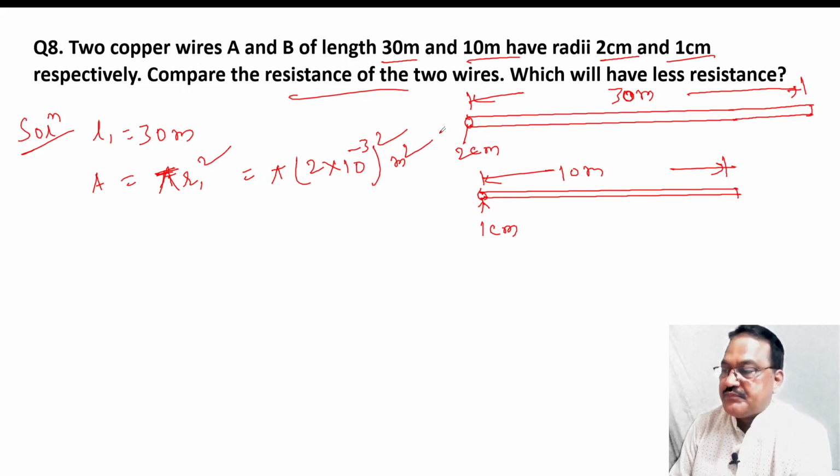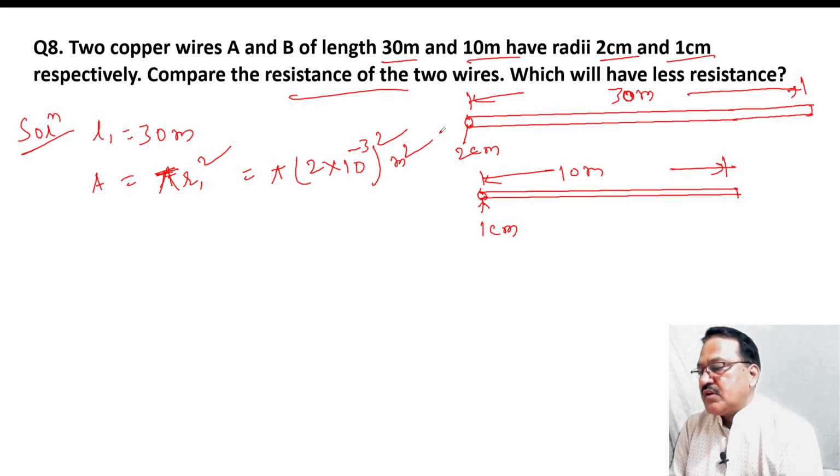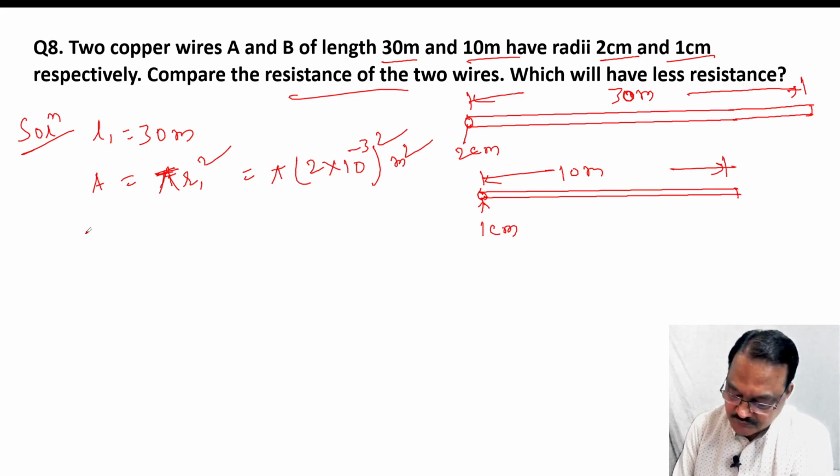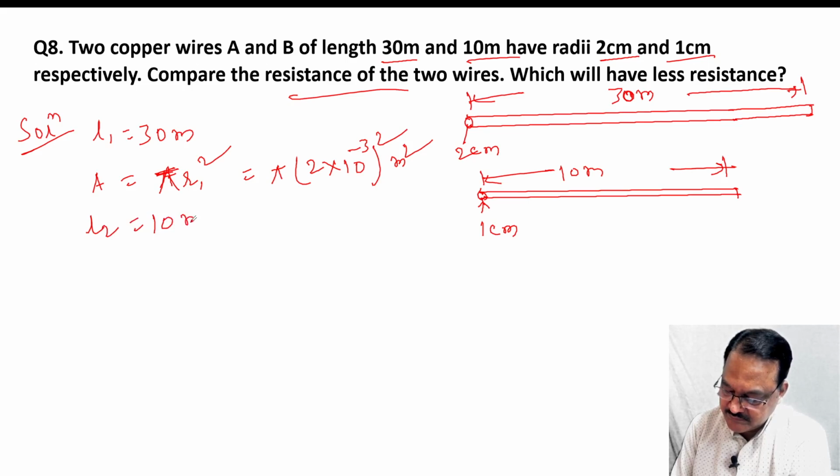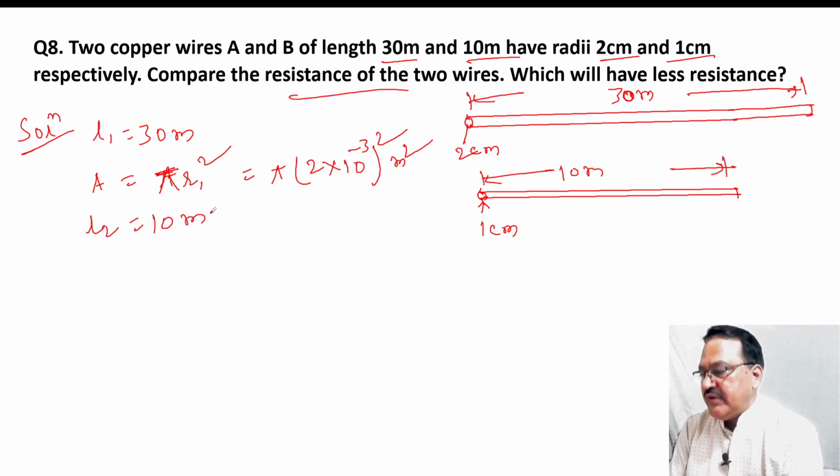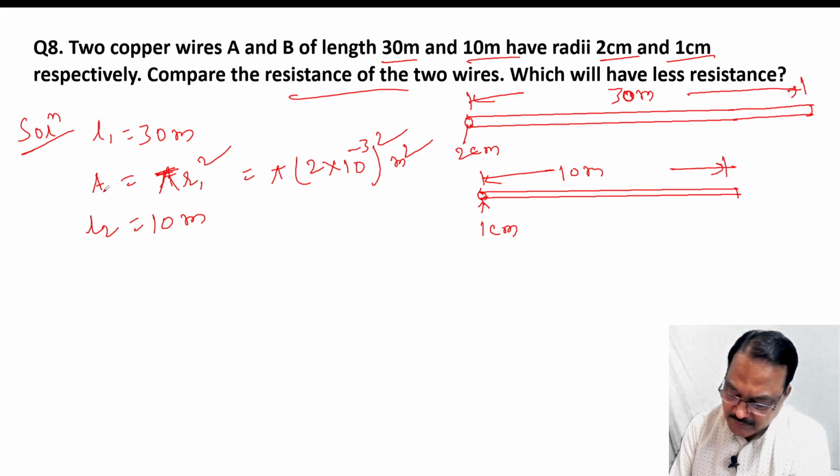Okay, similarly we can calculate for L2 also. The next one, L2, has length 10 meter, and we can find the cross sectional area for this one too. This was for A1, and now for A2.